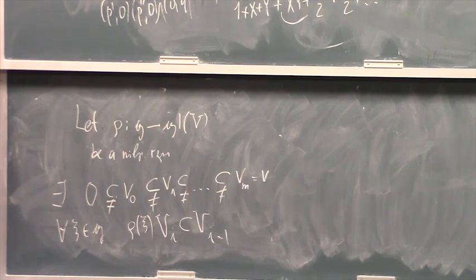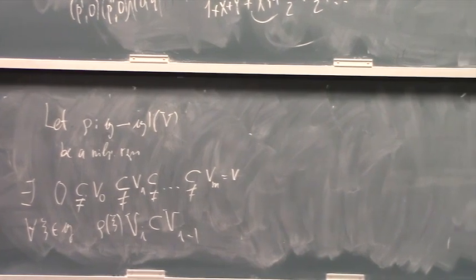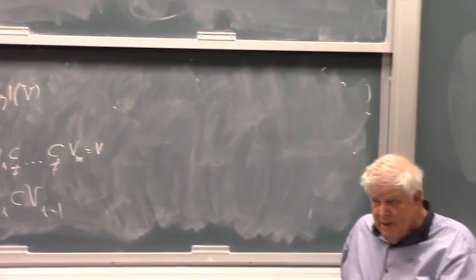In particular, what happens if you apply this to V0? Then you get 0. I didn't write that V minus 1 is 0, but it is suggested by this notation. If you apply it to V, you will get something from Vm minus 1.